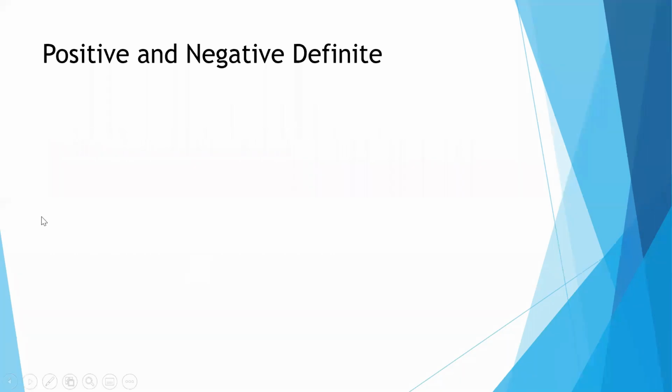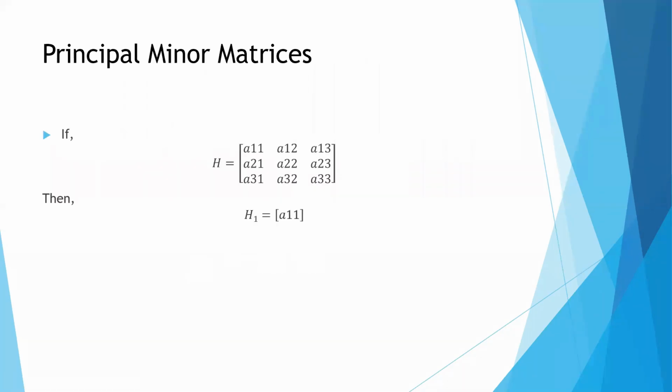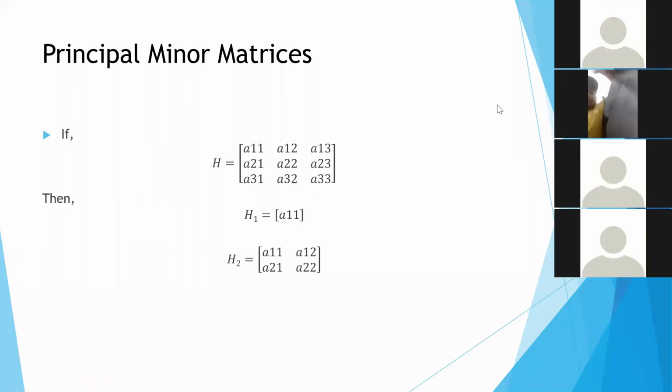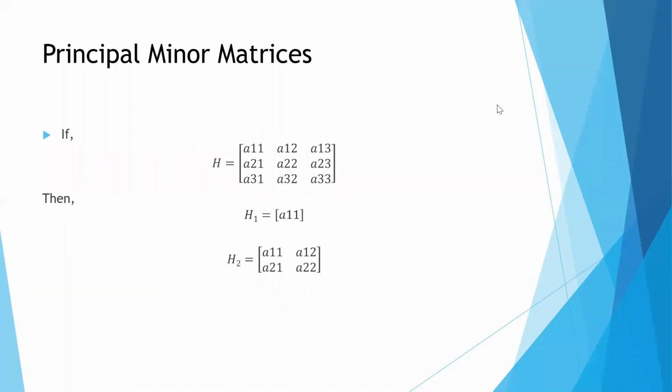We discussed, just going back, what principal minor matrices are. So if H is a square matrix of, let's say, 9 different terms, you have A11, A12, A13, A21, A22, A23, A31, A32, and A33. Then the first principal minor matrix is the first element of the diagonal, that is A11.